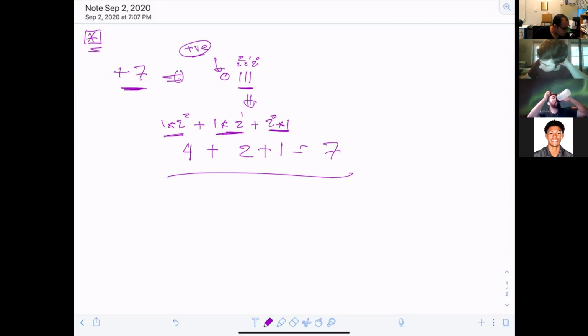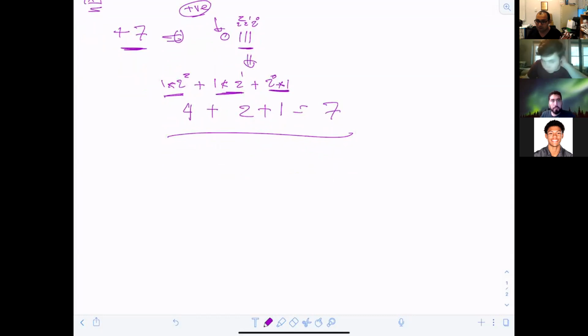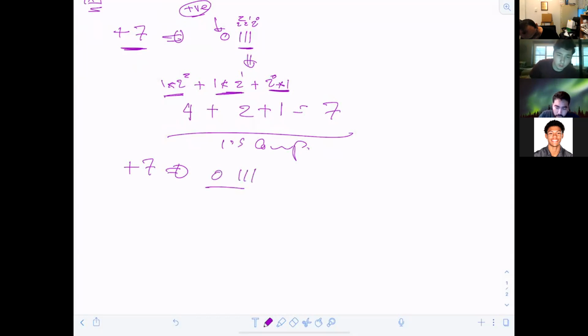Now, the signed 1's complement. Do you remember the 1's complement and 2's complement we talked about? If somebody tells you here is +7 and I'm looking for the 1's complement of this, what are you going to do? Since it's positive, it's the same. So it's 0, 1, 2, 3.